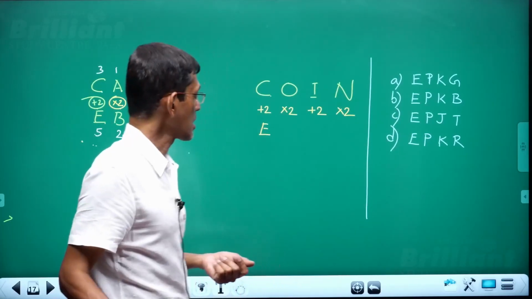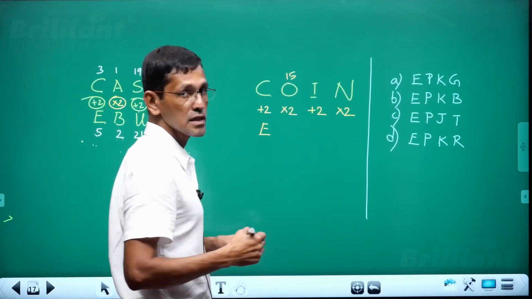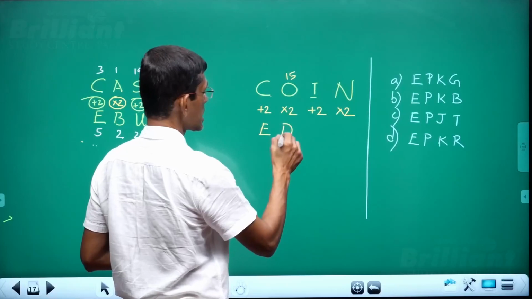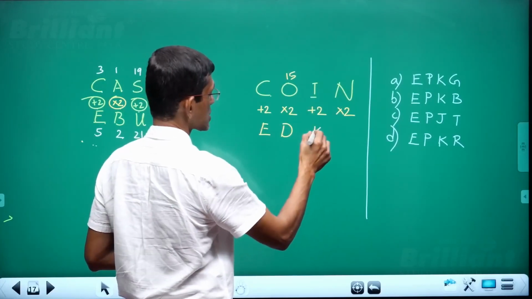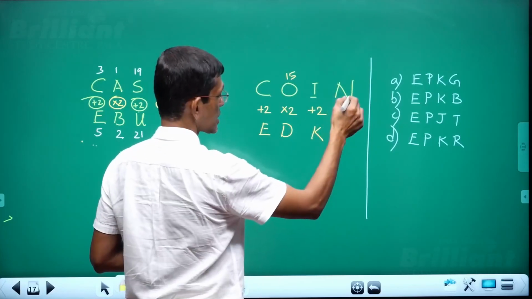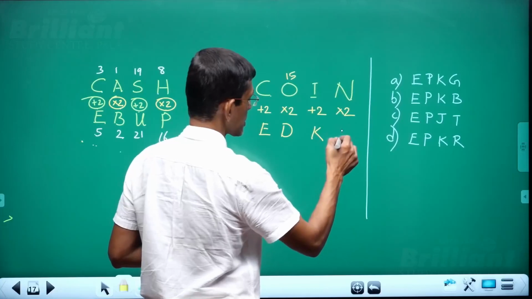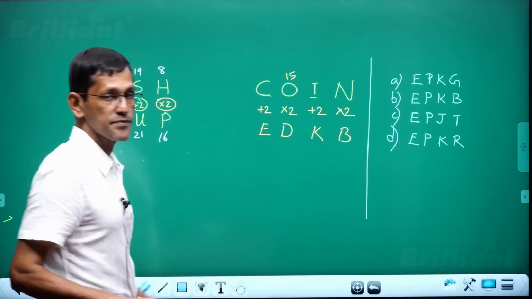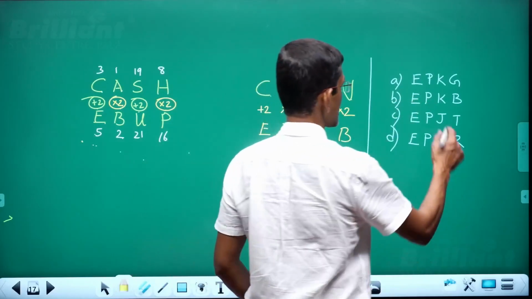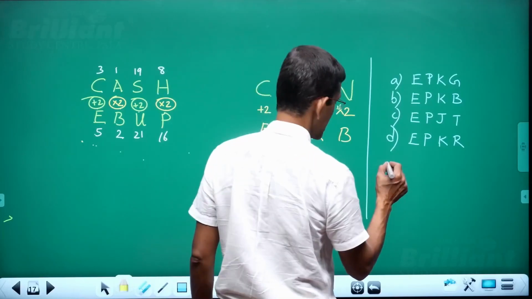Doesn't work. So in this pattern, 15 into 2 is 30. 30 is what? D. So ED, then I, that is K, then N. N into 2: 14 into 2 is 28. 28 is what? B. EDKB. Well, it's given as EPKB, but if it is given as EDKB, let's say you have another set of answer choices.